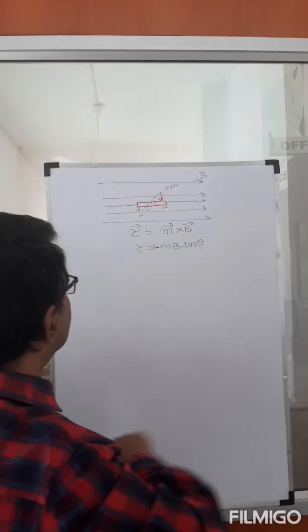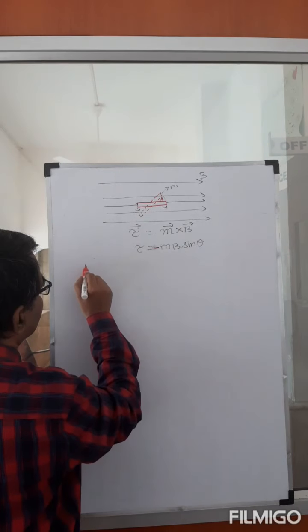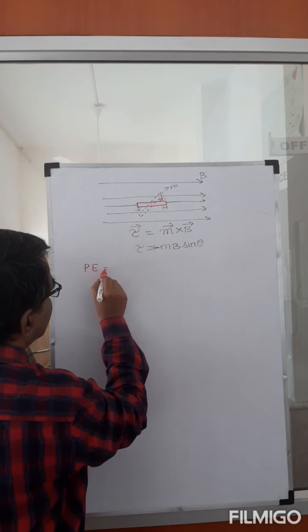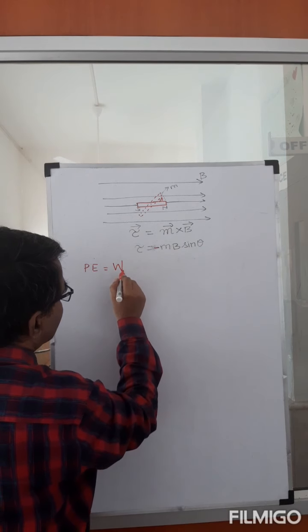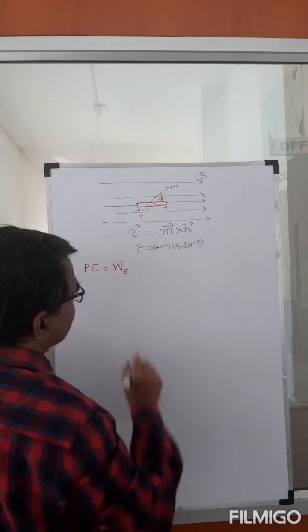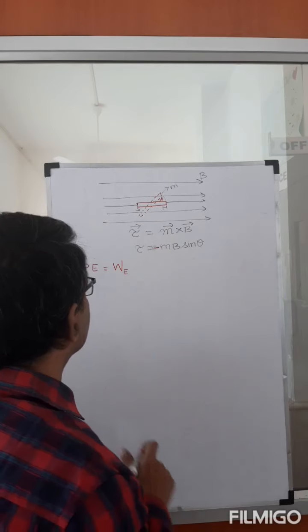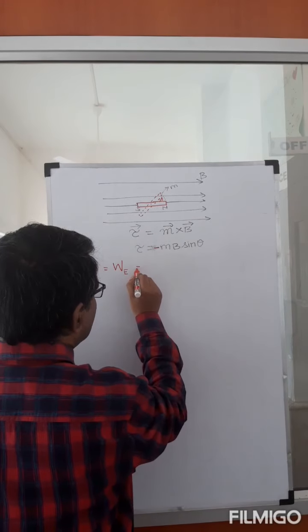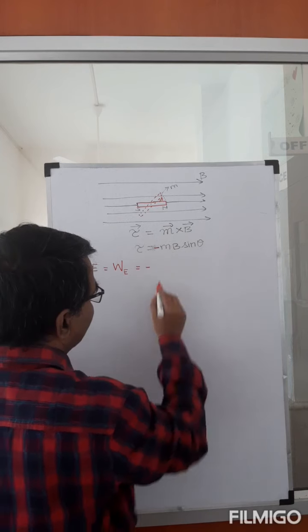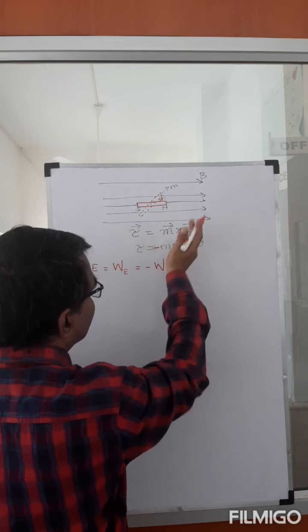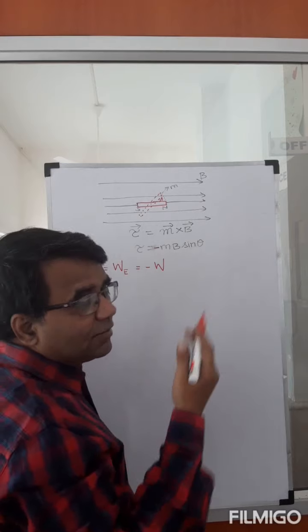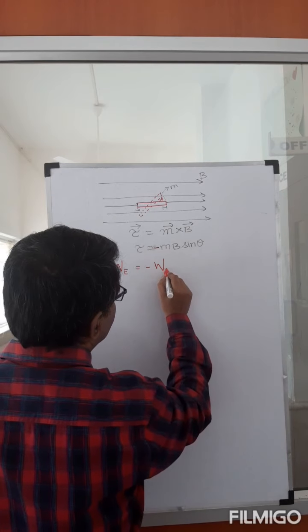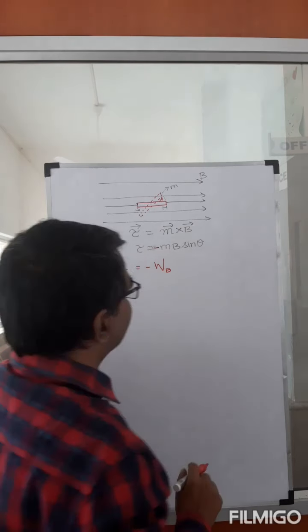Okay, so what is potential energy? Potential energy is the work done by the external force or torque, which is equal to the negative of the work done by the restoring field. Here I'll call this the magnetic field.